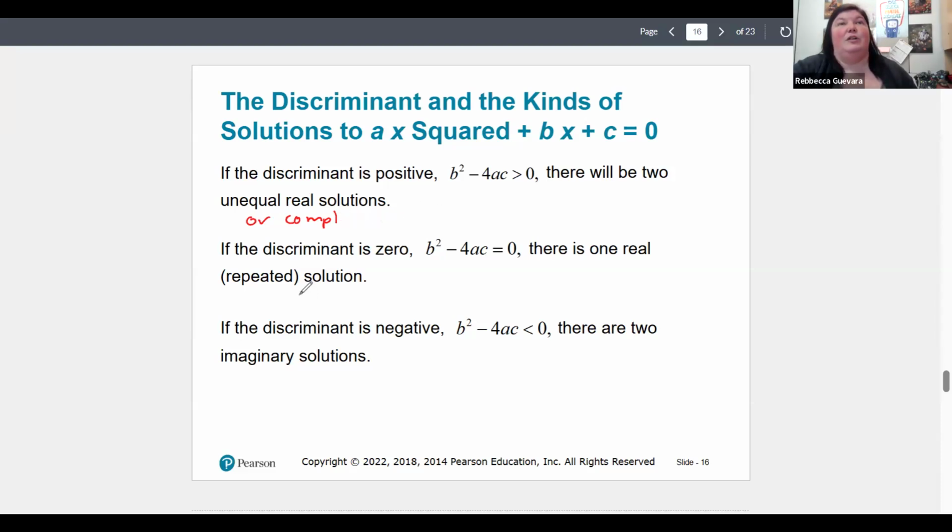So it will be either two unequal real solutions or, depending on what it is, two unequal complex solutions as well.